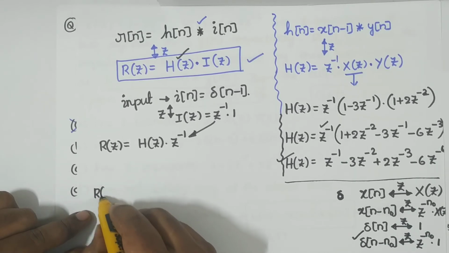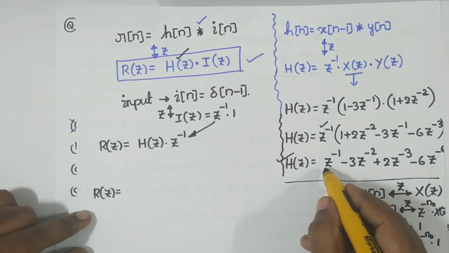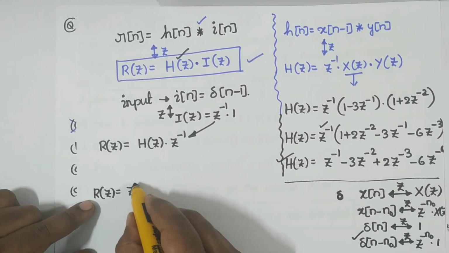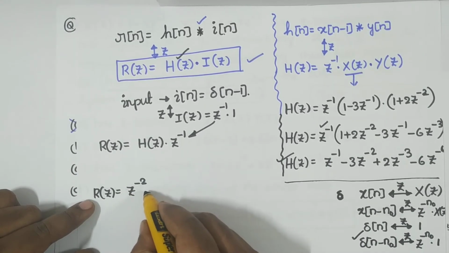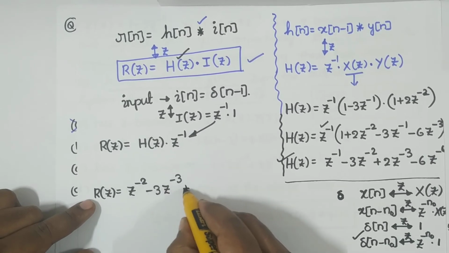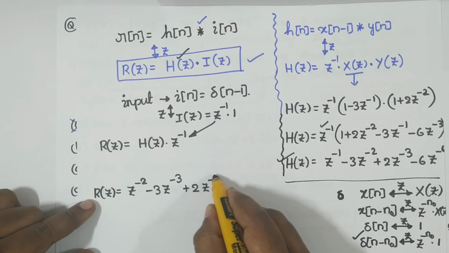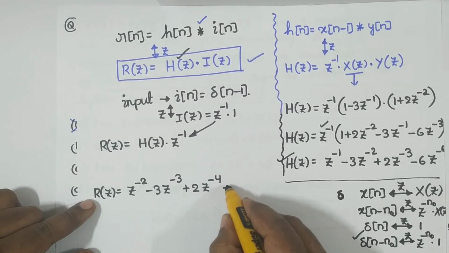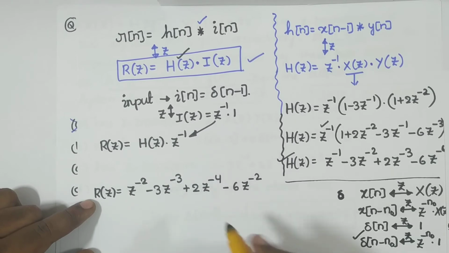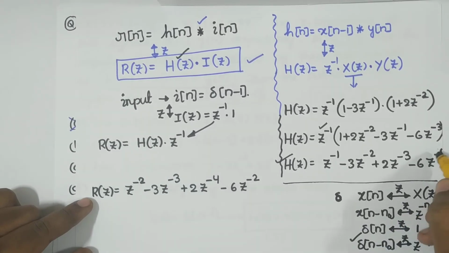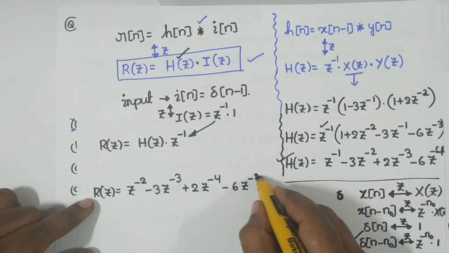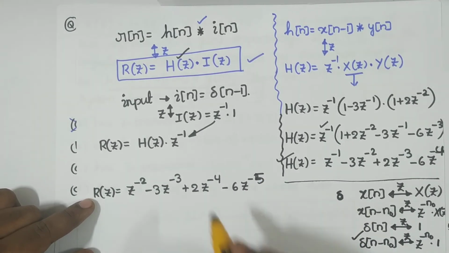So therefore let me put it down here. Let me multiply z power minus 1 to this H of z. So we get z power minus 2, minus 3 z power minus 3, plus 2 z power minus 4, and minus 6 z power minus 5.